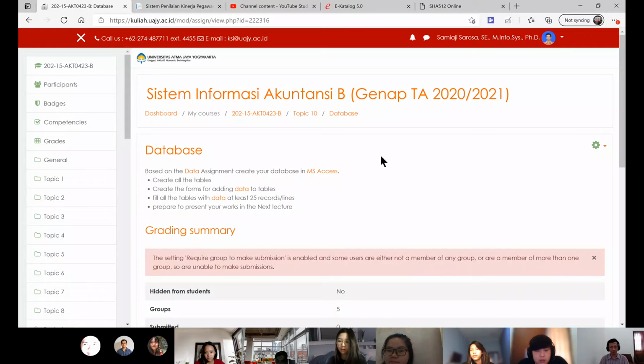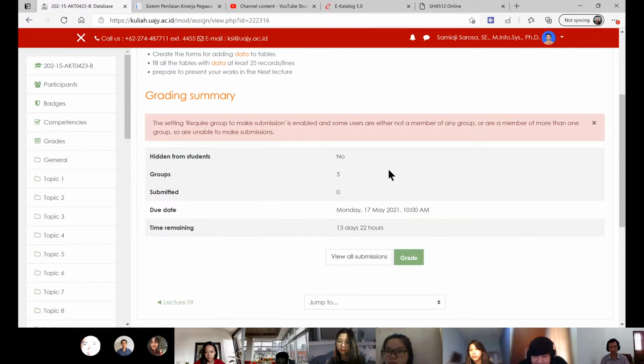So first, create all the tables. Second, create the forms for adding the new data into the tables, and then you need to fill all the tables with data, at least 25 records, 25 items of data. You have 2 weeks for that. And remember, next week we will have a break because of Idul Fitri, so it's up to you how you do it.